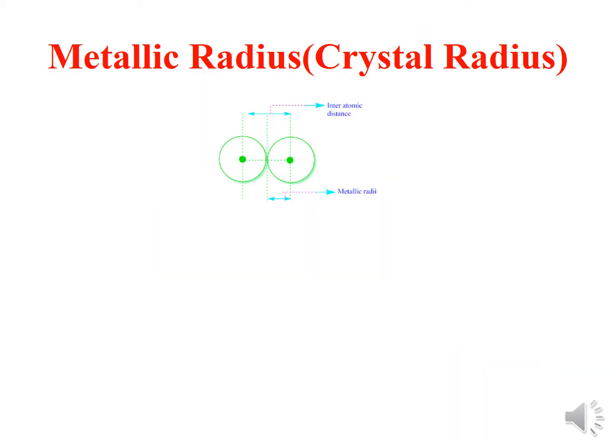So next we will discuss metallic radius. This radius is also known as crystal radius. So these are two metal atoms in a crystal. This distance between the nuclei is known as the interatomic distance, and one half of this distance is known as the metallic radius.